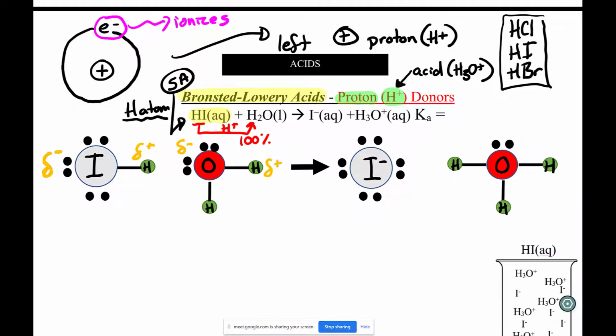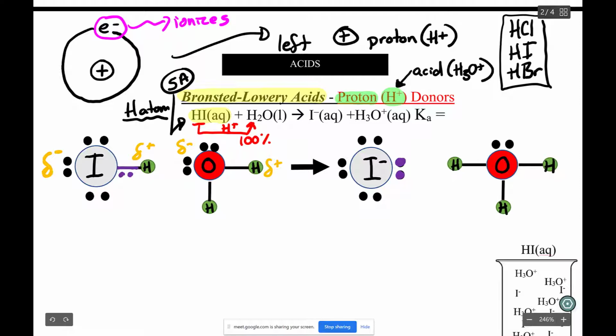So one more time, this positive hydrogen is attracted to this negative oxygen. It donates its hydrogen to those lone pair of electrons. These electrons that are here, which is a pair, are left behind. Those are these two electrons on I minus.